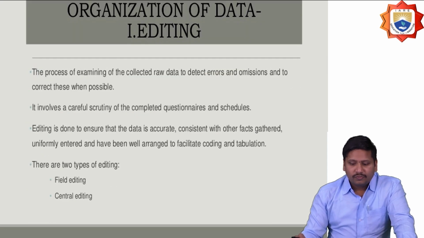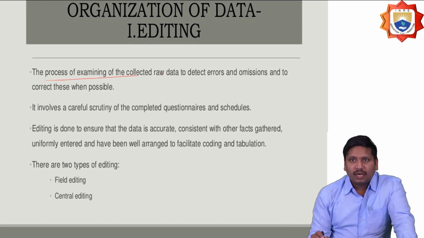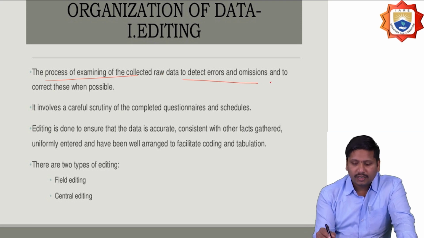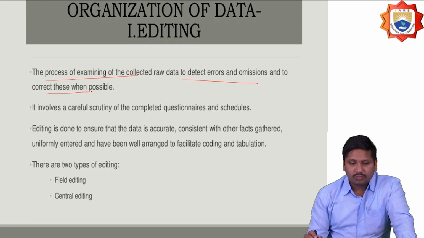For organization of data, the very first thing is editing. Editing is the process of examining the collected raw data to detect errors and omissions and to correct them when possible.